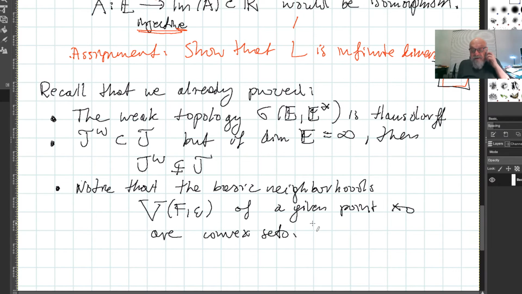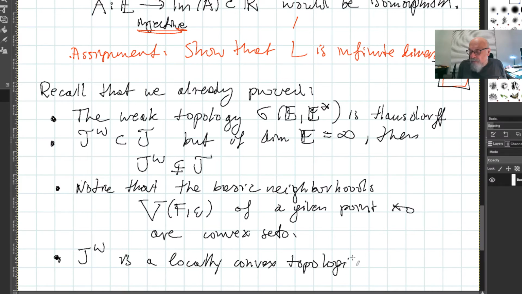So in such a case, that simply will mean that tau_W is a locally convex topological vector space.